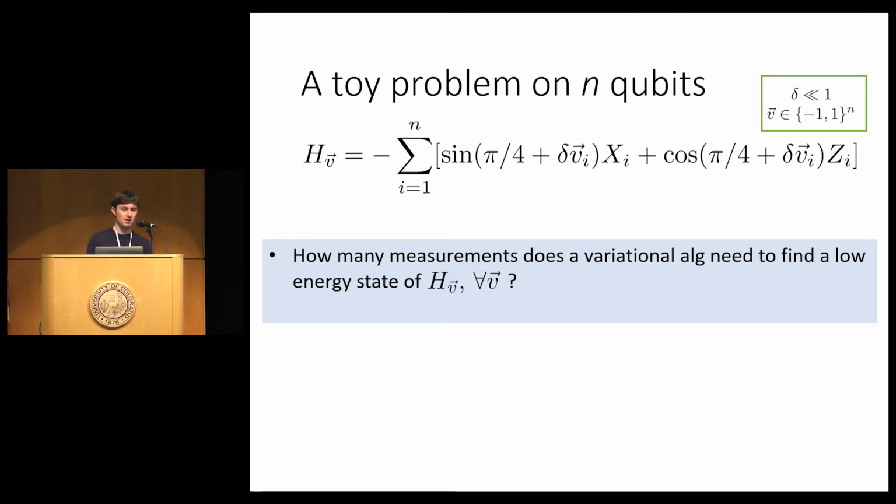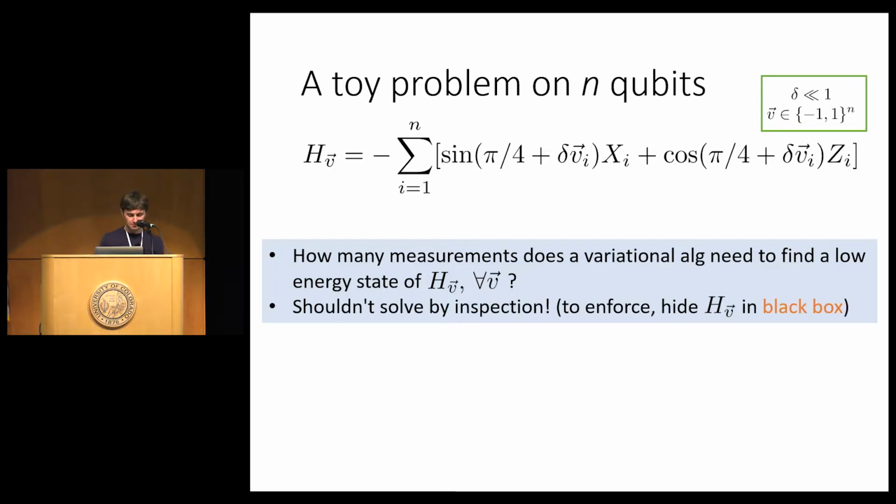So we want to somehow impose restrictions such that the classical algorithm can't just solve by inspection. To deal with that, we introduce a particular black box model, and essentially the black box hides the specific details of the Hamiltonian h sub v.